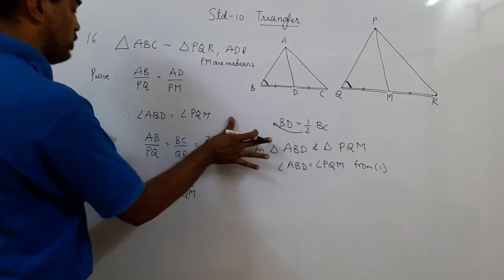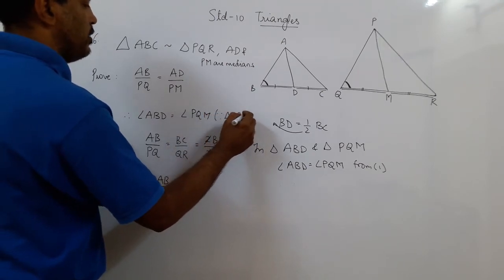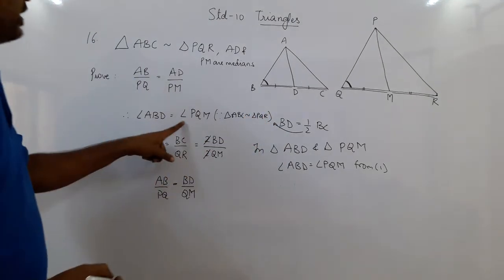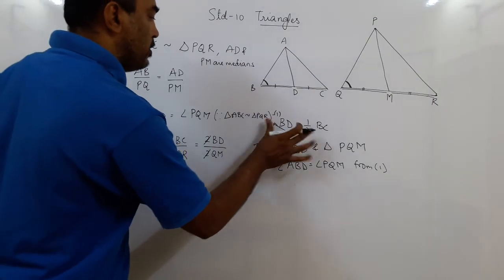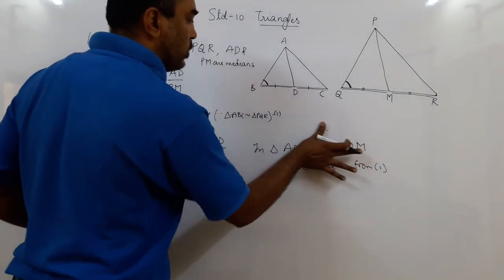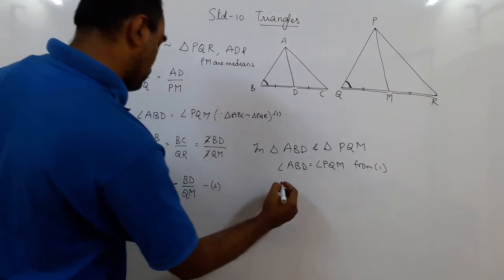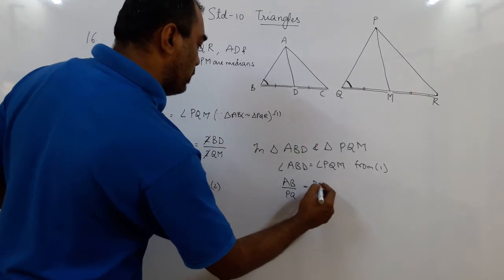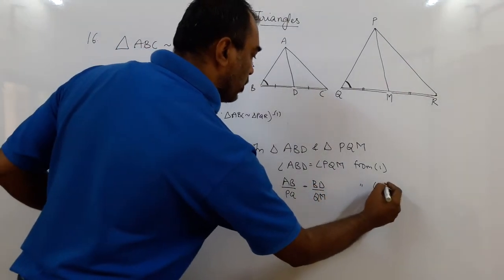And how did we get this 1? Because triangle ABC is similar to triangle PQR, so this angle is equal because they are similar. We call this result 1. And this result we'll call 2. So what we have got: AB upon PQ equal to BD upon QM. That is from 2.